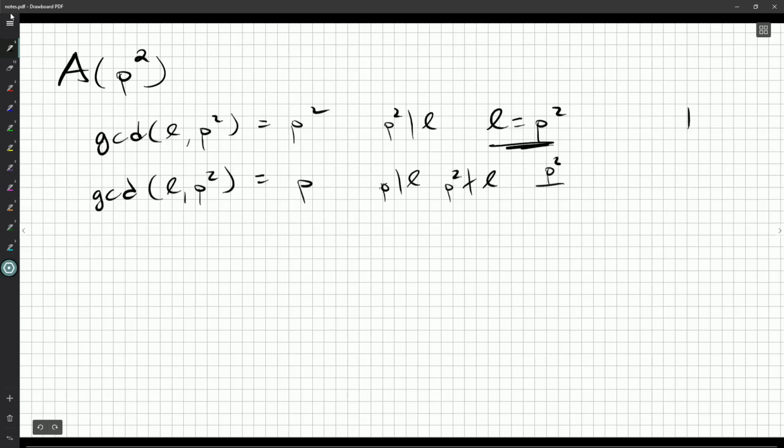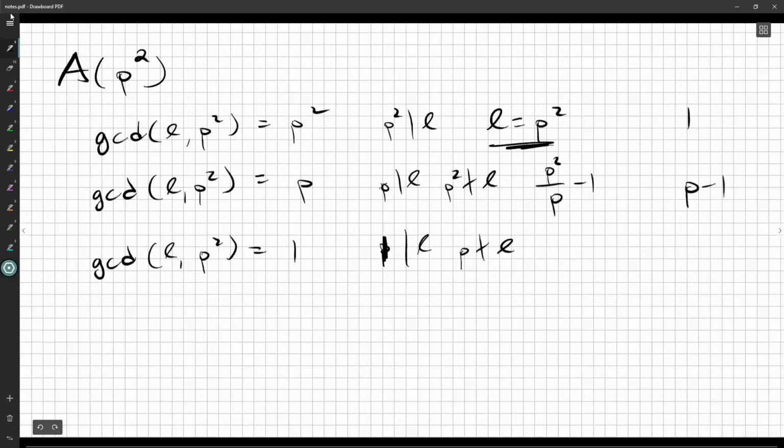So how many of those are there? Well, there's p squared numbers to consider. P of them are going to be multiples of p, but one of them is a multiple of p squared. So just like before, there are p minus 1 many that do this. Or you could have just 1, in which case 1 divides L, obviously, but p does not divide L, and that's just going to be the remaining p squared minus 1 minus p minus 1, so p squared minus p of these.